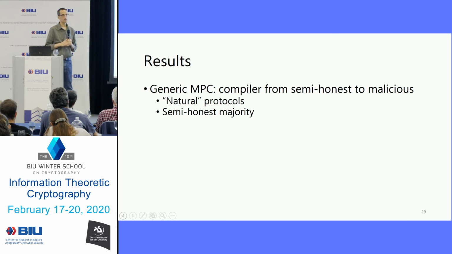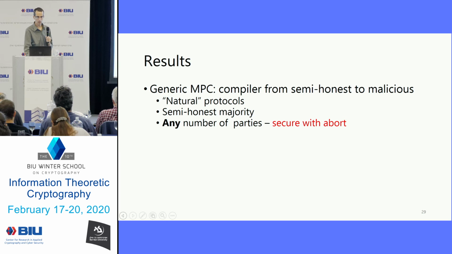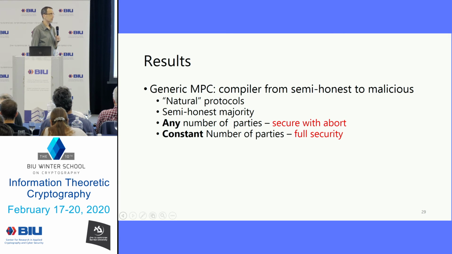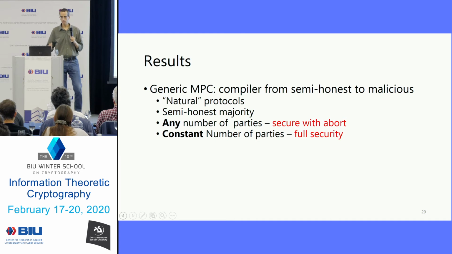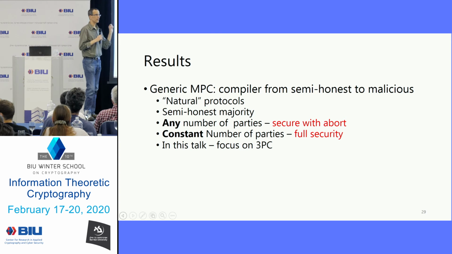We need honest majority, semi-honest adversary. And what we prove for any number of parties is security with abort. And for a constant number of parties, full security. So if there's a constant number of parties, we can guarantee output delivery to the honest parties. In this talk, I'm going to focus on a specific constant, 3. It's not too bad.